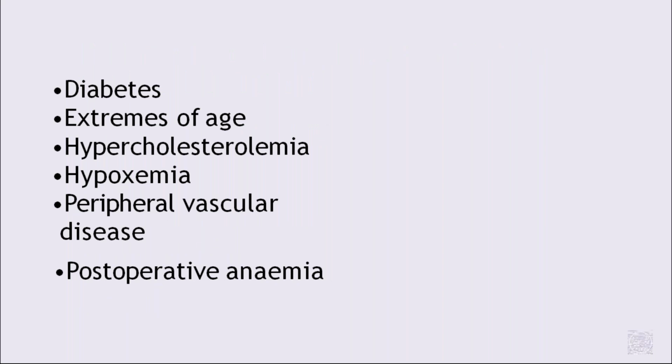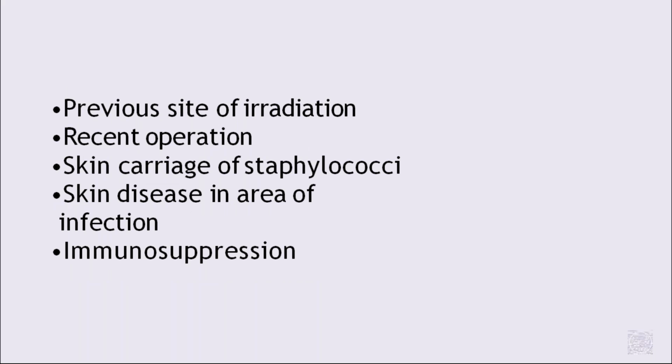Immunosuppressive conditions like diabetes, extremes of age, younger age and old age, hypercholesterolemia, hypoxemia, peripheral vascular diseases, and anemia. Any previous site of radiation exposure or recent surgery, any skin carriage of staphylococci, skin diseases in the area of infection or infected skin diseases, and immunosuppression from chemotherapy or steroid therapy.